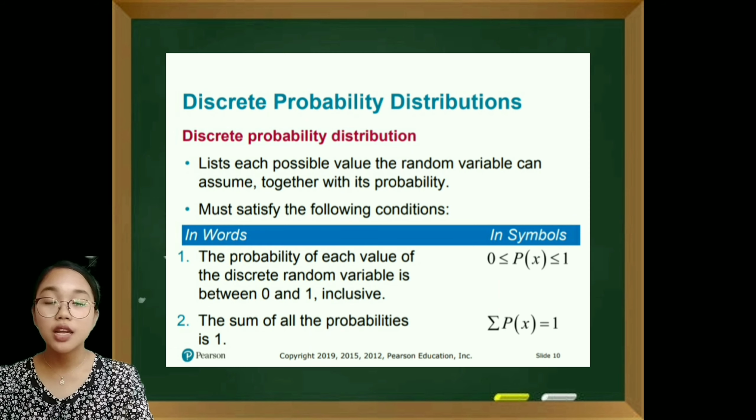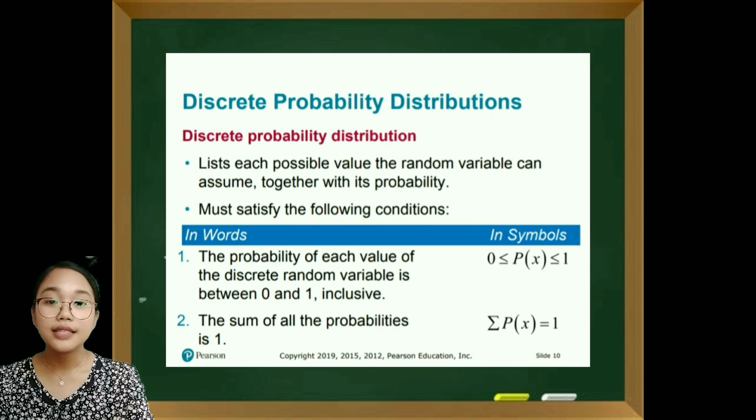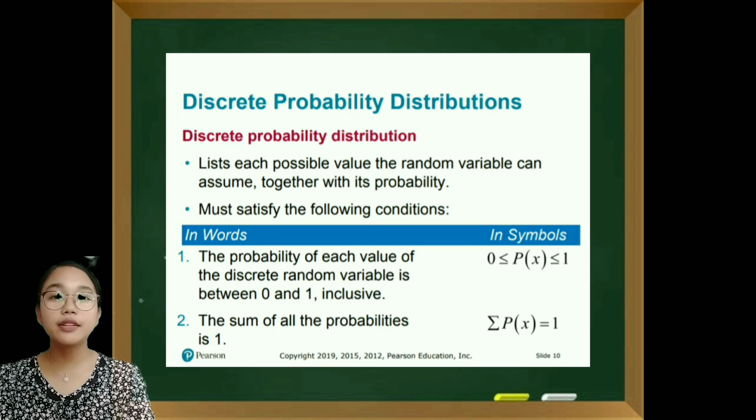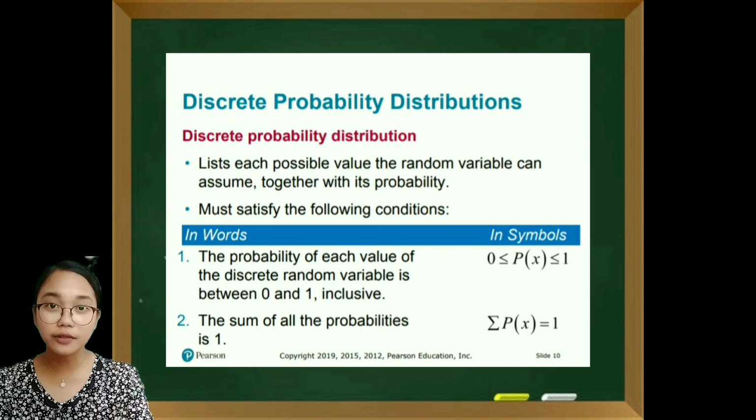In symbols, the probability of x is less than or equal to 1 and greater than or equal to 0. Second, the sum of all the probabilities is 1. In symbols, the summation of the probability of x is equal to 1. Remember these two conditions because we will be using these in the entire lesson.